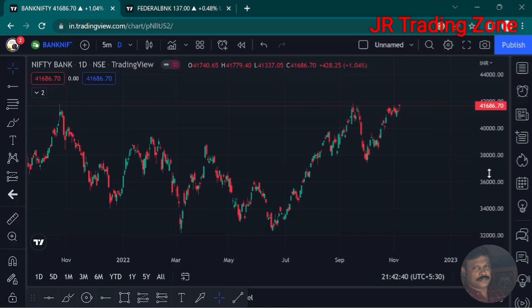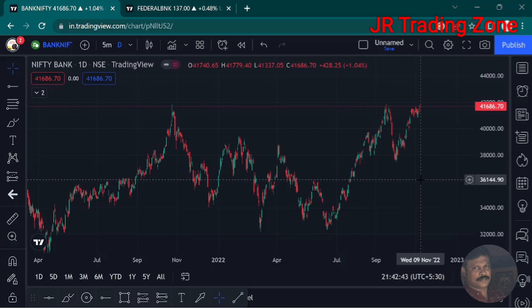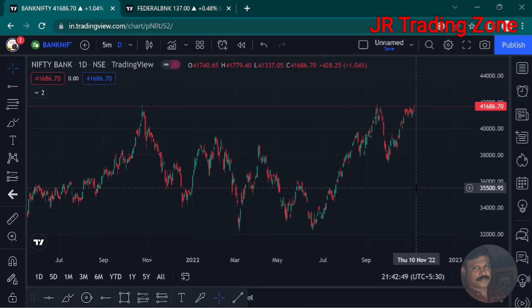1-day chart means each and every candle is representing the movement of 1 day. But when we trade intraday, we use only the 5-minute candle. But for marking the long-term support and resistance, which is very important in trading, traders use the 1-day candle.